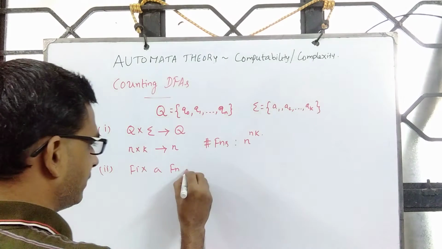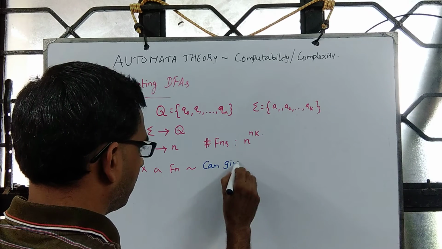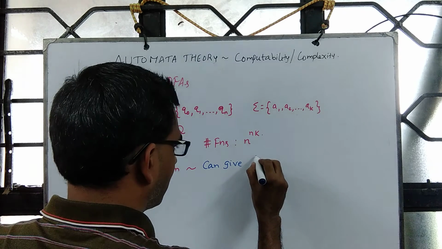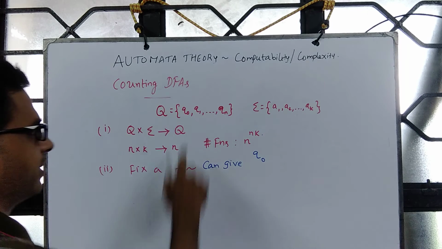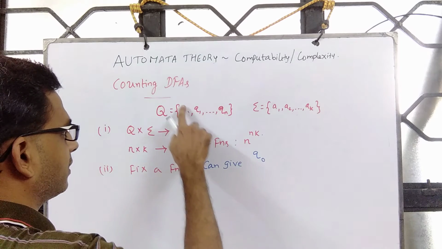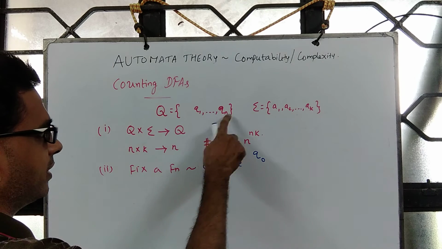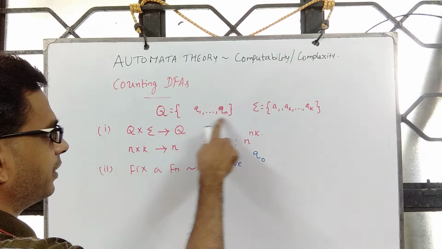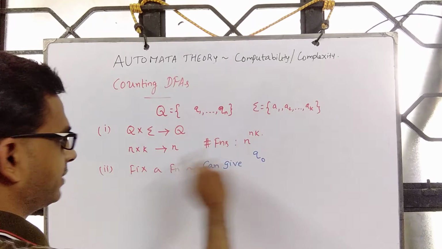Then if we fix a function, how many automatons can it give? Okay, it is q0 to qn. So let's start with q1 so that the counting is correct, otherwise the size of Q will be n plus 1. Let's assume Q is q1 to qn, so that the cardinality of this is n and sigma is k.